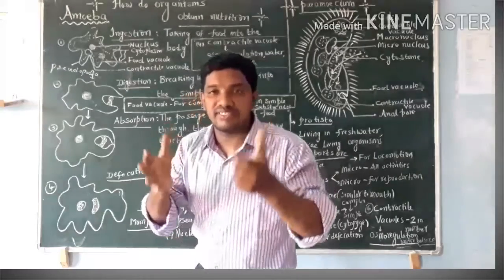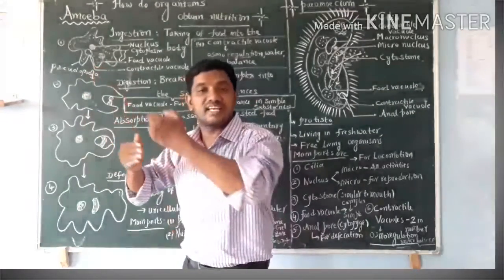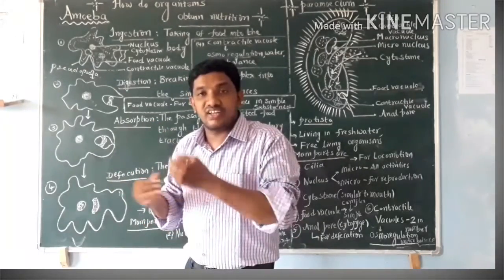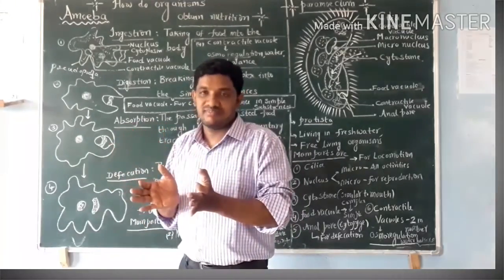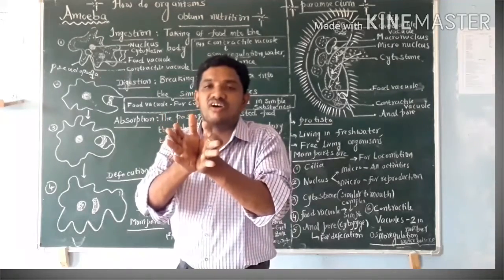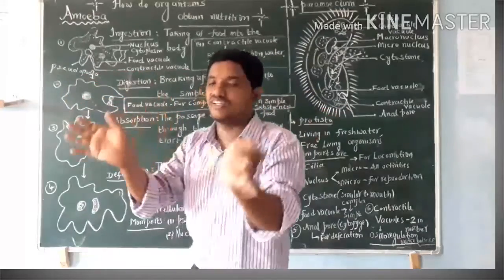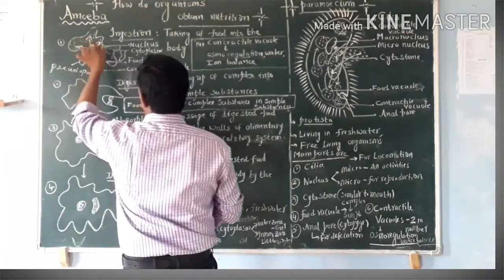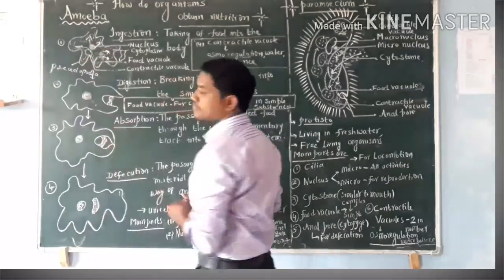This food vacuole helps convert complex food materials into simple ones. These food materials diffuse into the cytoplasm. Cytoplasm helps in distributing all the food materials, reaching all sides of the amoeba.